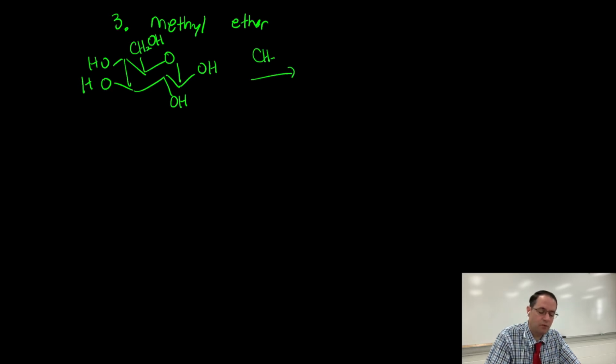And if we treat this with methyl alcohol and acid catalyst, now we could use anything. It could be ethanol or isopropanol or butanol or something like that. Okay, so keep in mind it could be different. But this is going to make the acetal, okay?